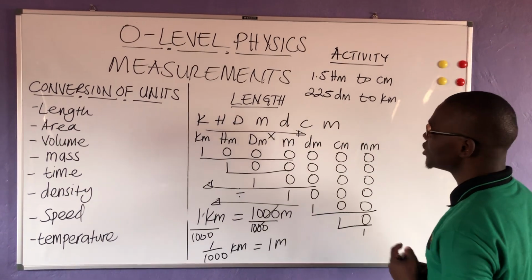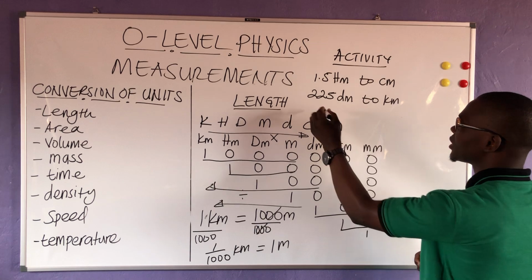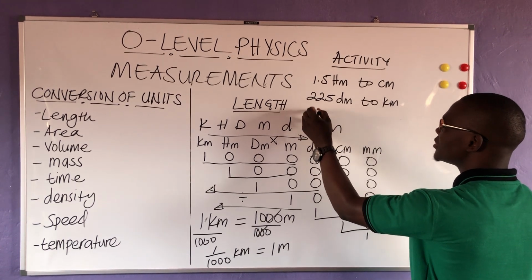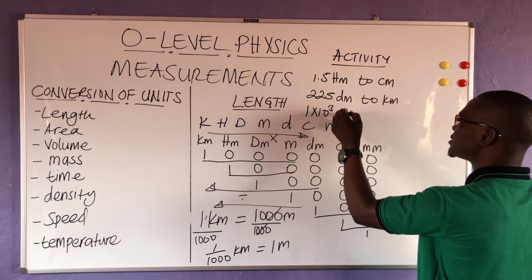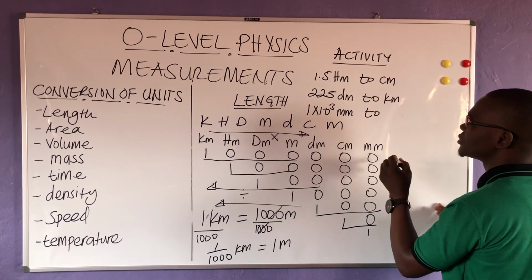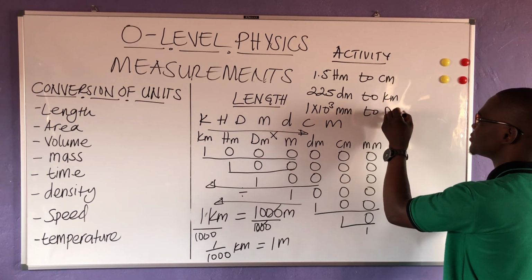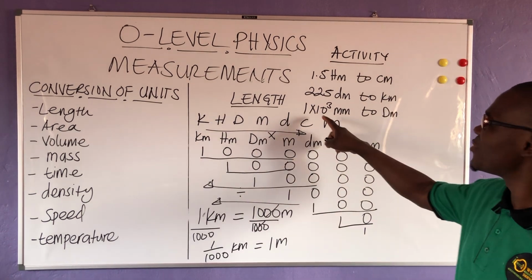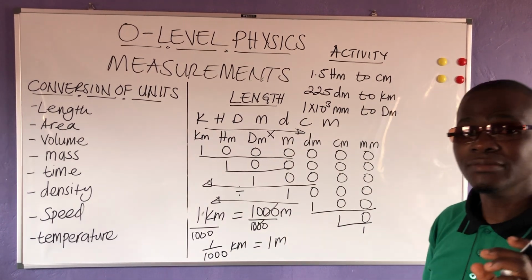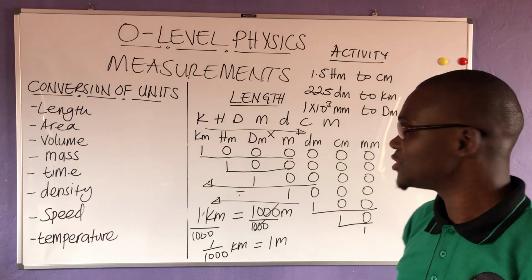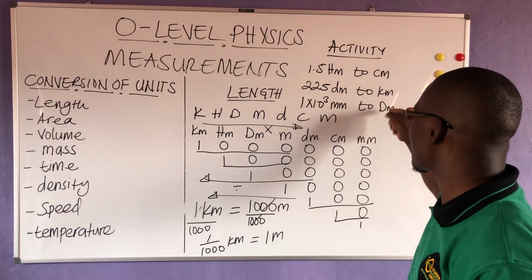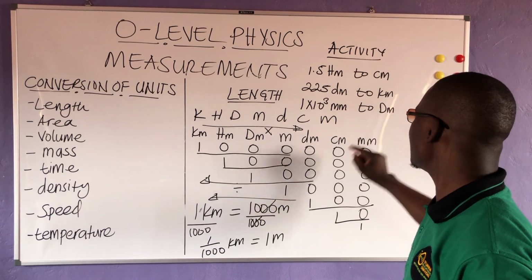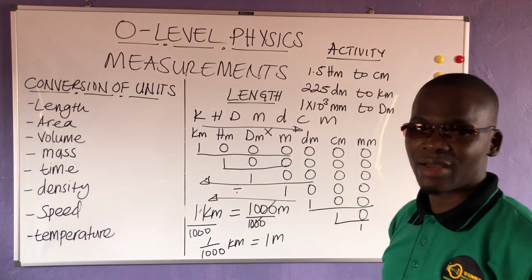Lastly, you are going to try 1 exponent 3 millimeters to decameters. Now we are bringing another trick of scientific notation. Hope you can express this, and then change from millimeter to decameter.